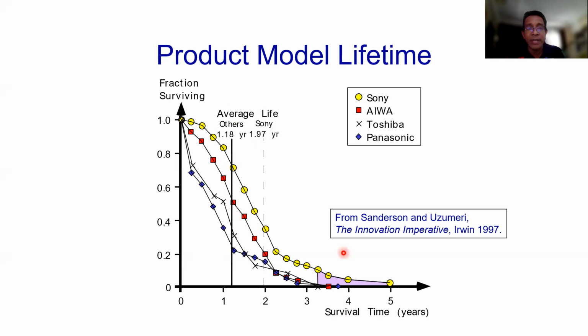But if a product can last more than that, after 1 year we can have a survival time. Almost all products you can see in the market give you 1 year warranties. Why? Because all products can sustain almost 1.8, 1.9 years.